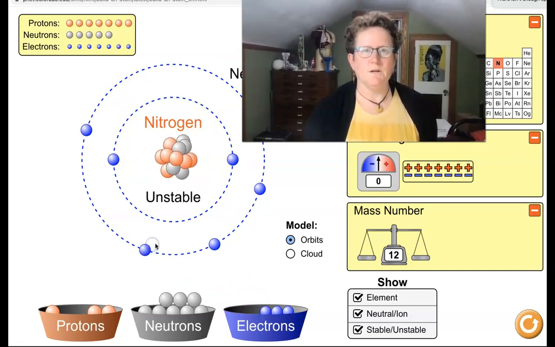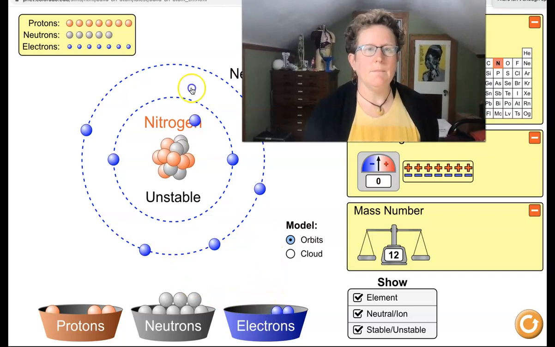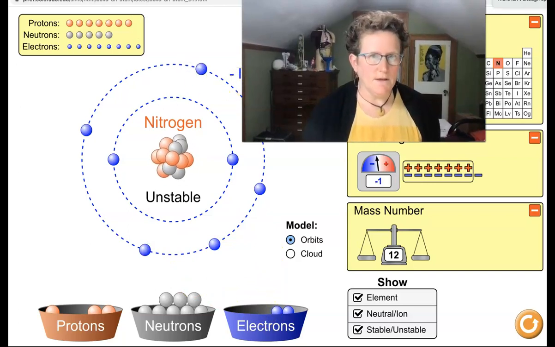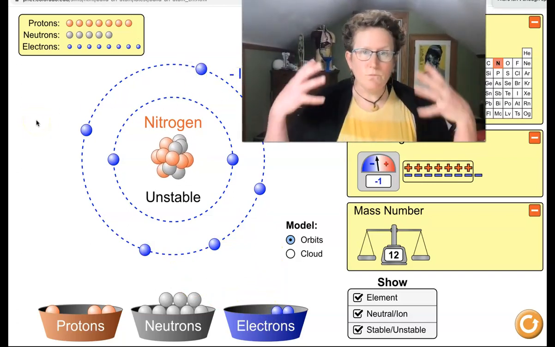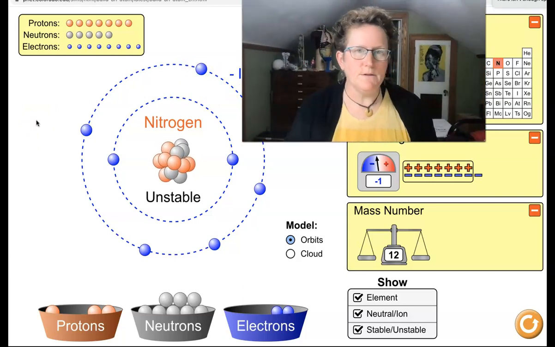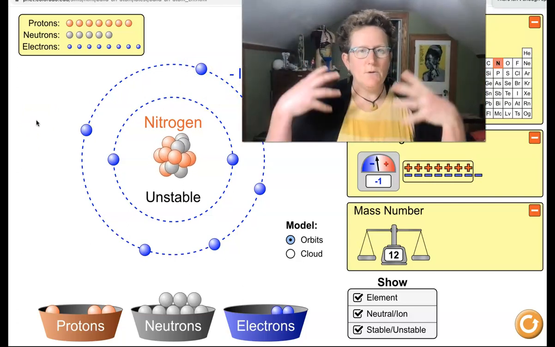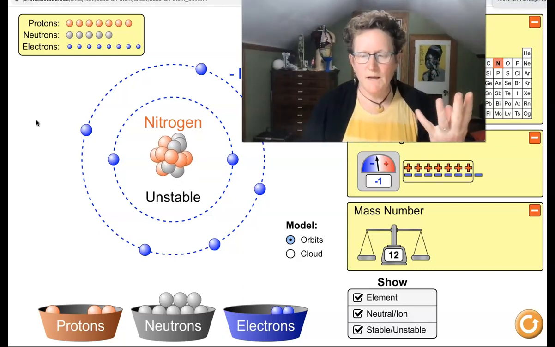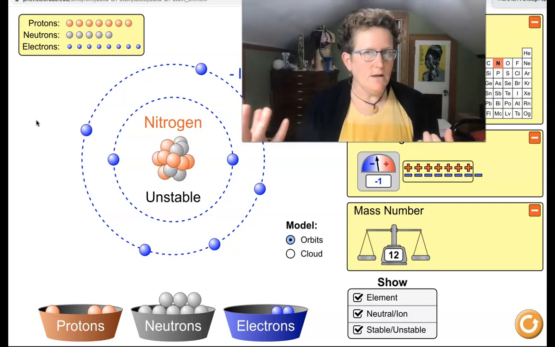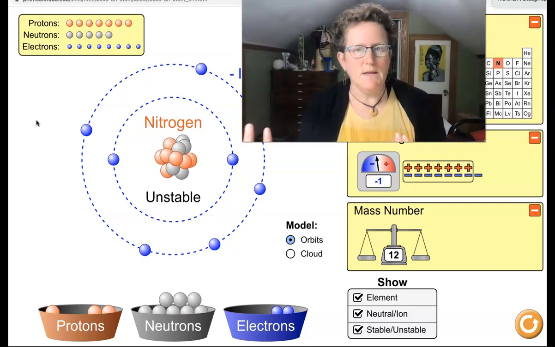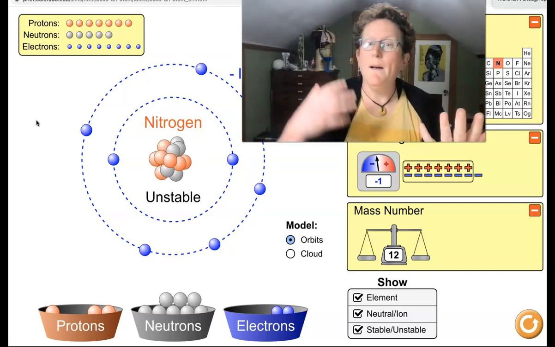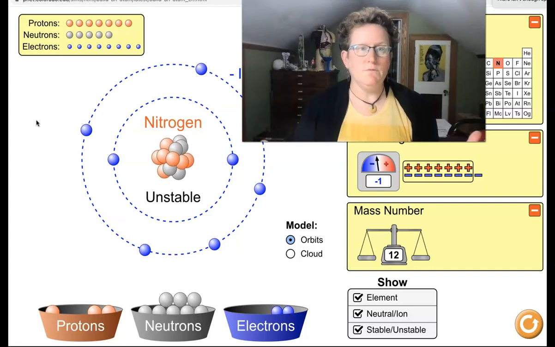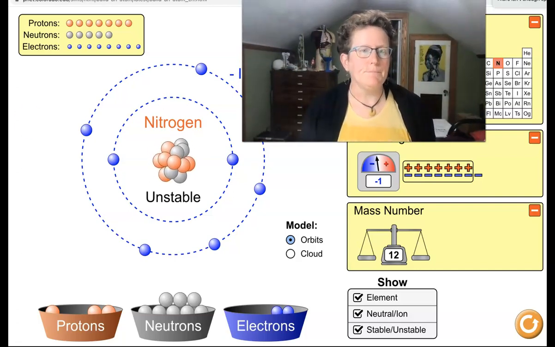If we shift the charge to being negative, it's a negative ion. This is really, really important in understanding chemistry. So if you can wrap your head around the fact that protons plus electrons, remember electrons are always negative, so it's really protons minus electrons gives you the charge.